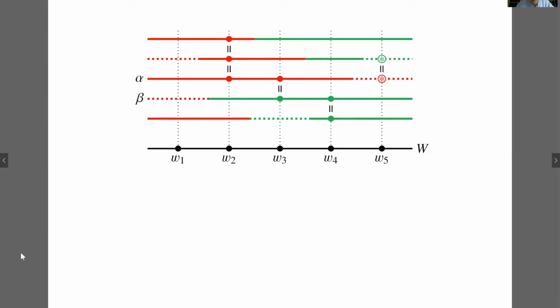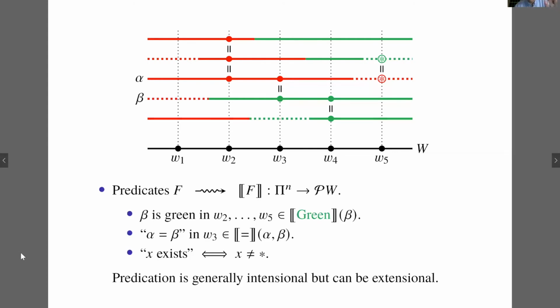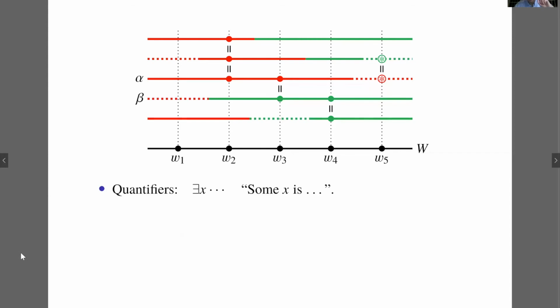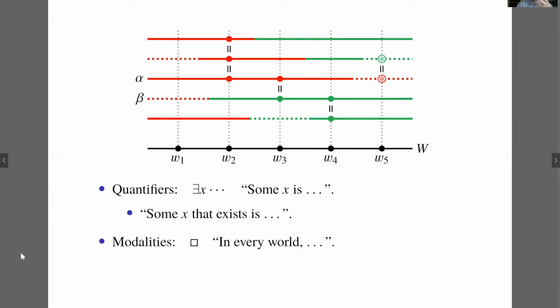Okay. Now, I hope the picture speaks on my behalf. So the quantifiers are going to say "some X is such and such," and you can read it as having two quantifiers, some x's, in the sense of going through all the individuals, including the asterisk or excluding the asterisk.